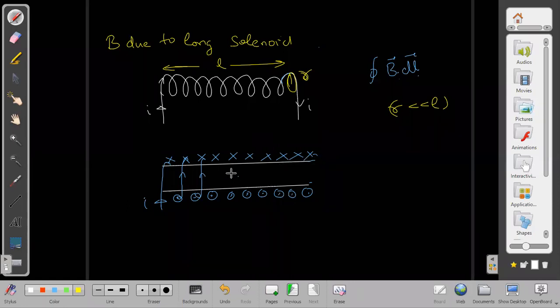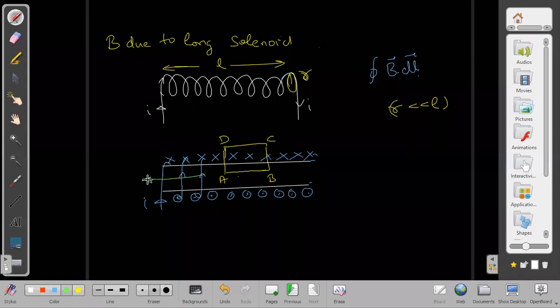Now, if I take a loop, this type of rectangular loop here, and we are going from A to B, B to C, C to D, then what will be the line integral, and what direction of field do you expect it to be? I think if you use the right hand thumb rule, then from that I can get the direction of field easily. What is the direction of field?